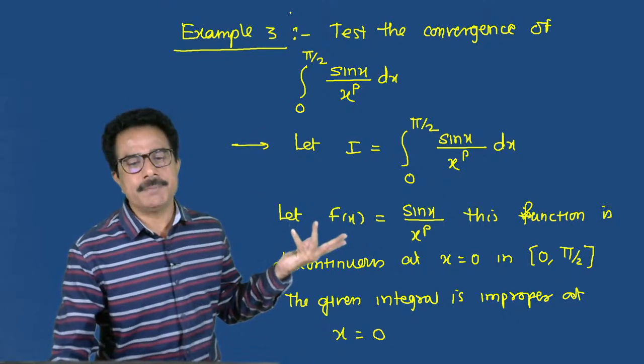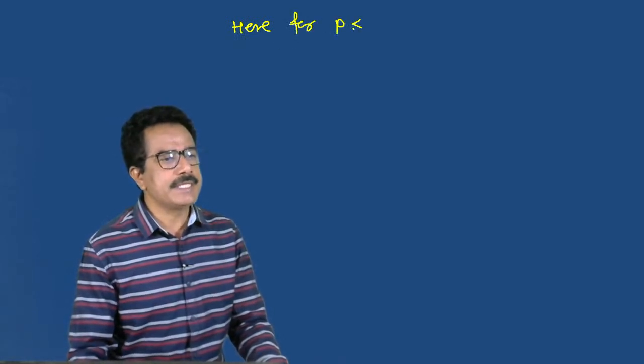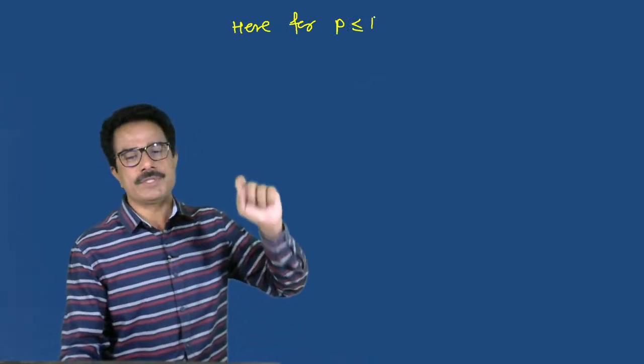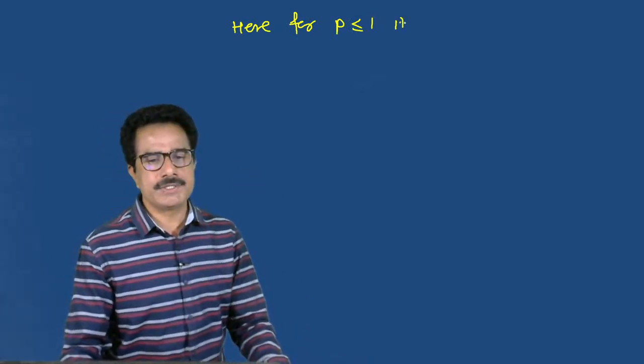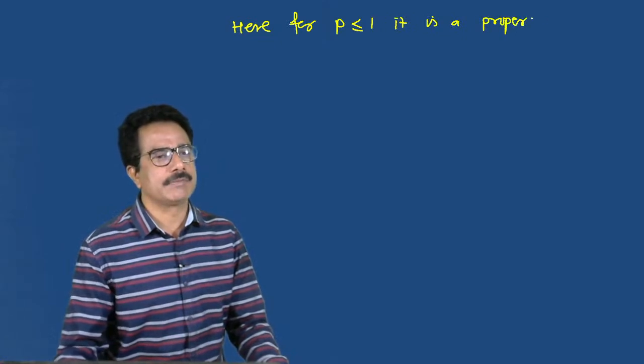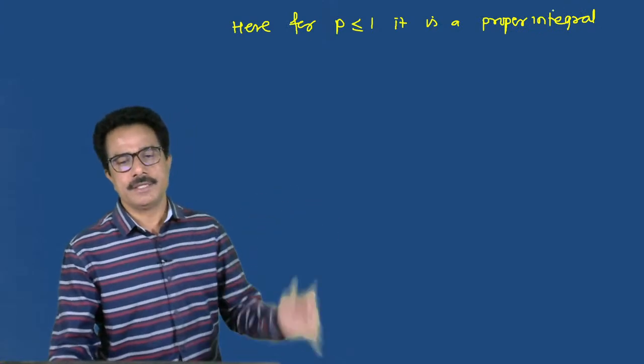We have seen this kind of problem before. So here, for p less than or equal to 1, as we saw yesterday, it is a proper integral. One example we have seen.